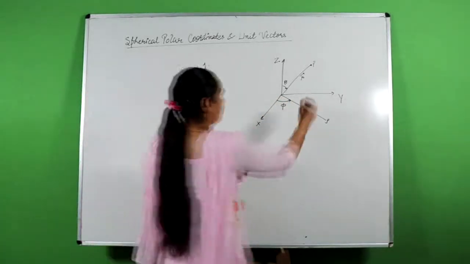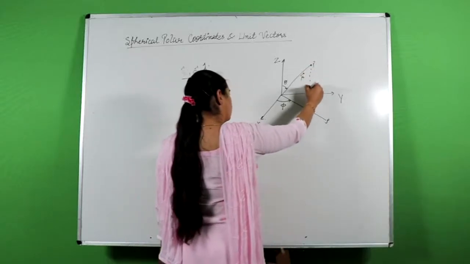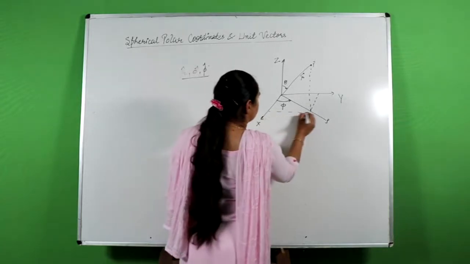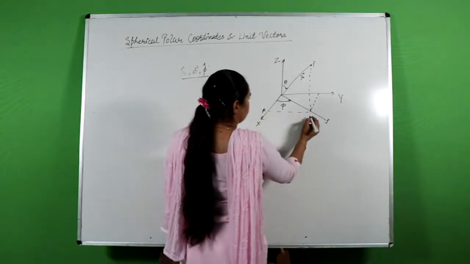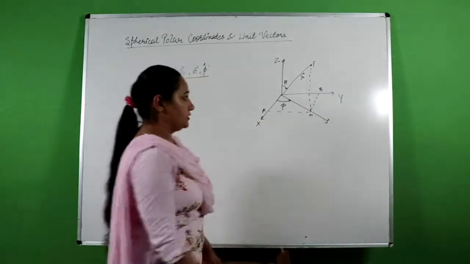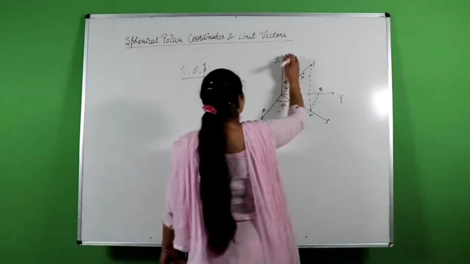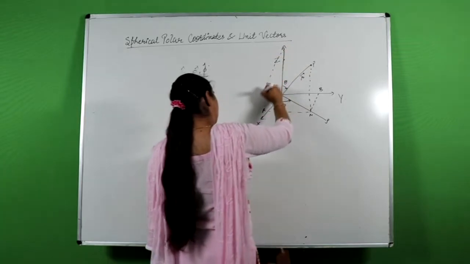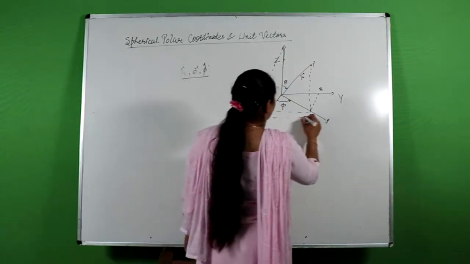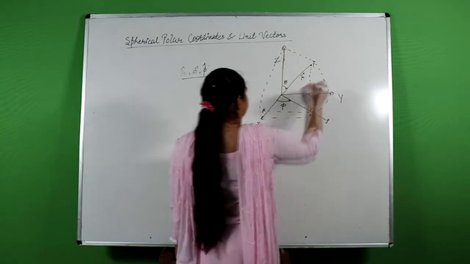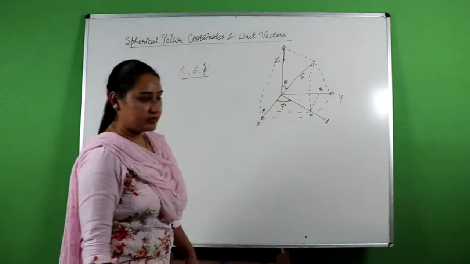If I draw perpendiculars from here and here, let us suppose these are points A, N, B. Since this is part of a sphere, I can always draw it like this.